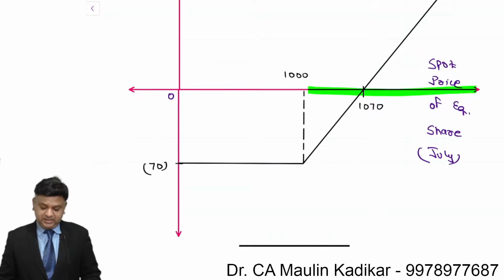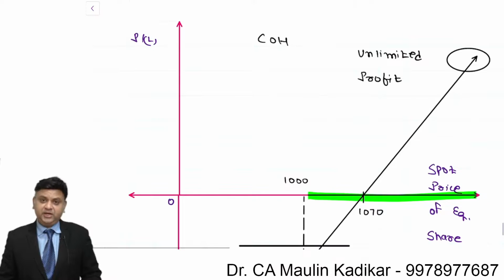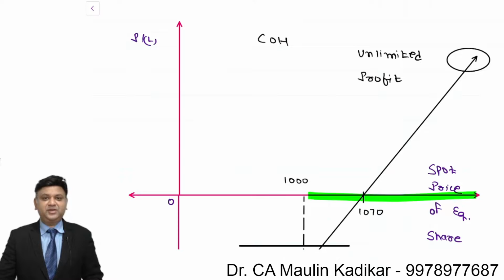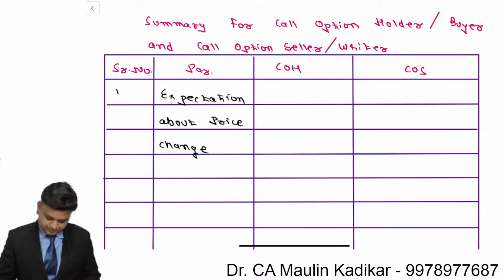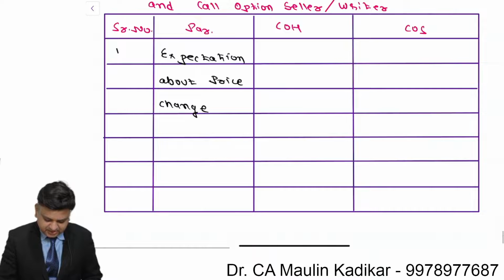So we understand that basically any trader, any investor, any speculator who is entering into the transaction for the purchase of call option, then basically he is expecting that the price of the underlying asset will increase. So expectation of that is about the price change, in that call option holder, in column we can write increase.